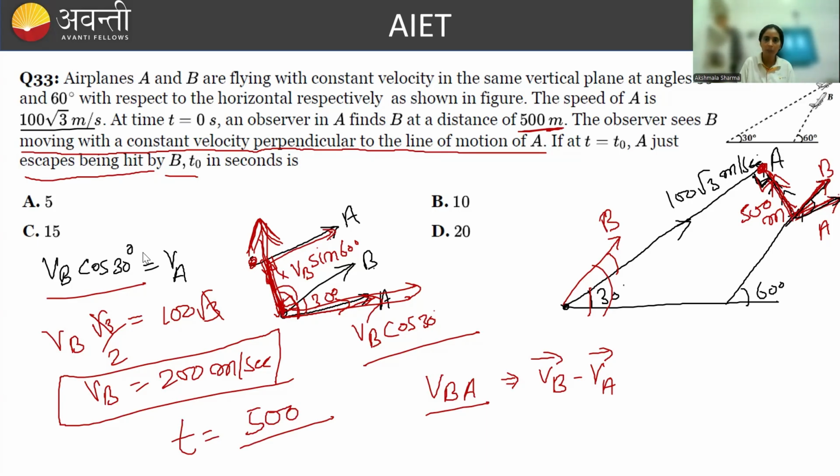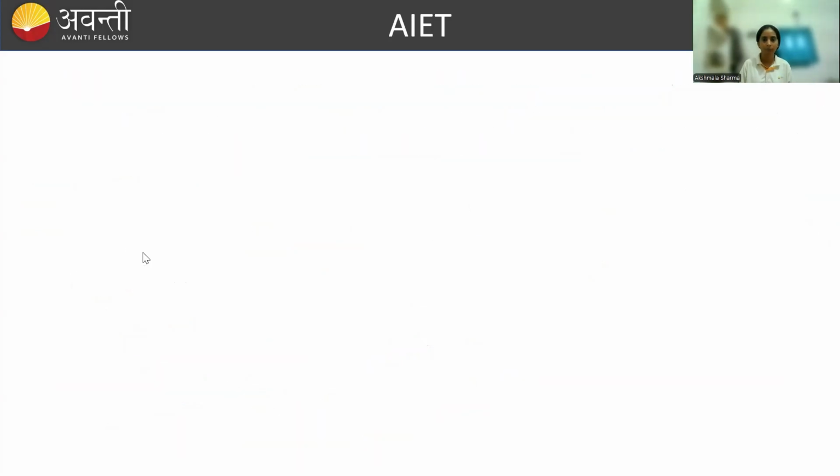So the component of B along this perpendicular direction was how much? That is VB sin 60. Sin 60 or 30? It will be sin 30, sorry, I made a mistake here. This angle is 30. So this will be VB sin 30. So 200 into sin 30, that is 1/2, so the 2 cancels, the 0 cancels, this is 5, 6. So the answer will be 5 seconds. This is the question of relative velocity. What answer did we get? 5 seconds.